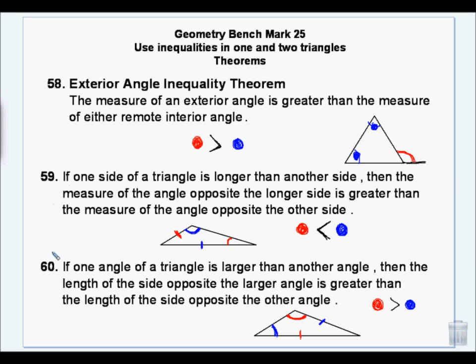So 59 and 60 are kind of the same thing, just said in opposite. Here, if I have the sides bigger, then if this side is bigger, then that angle is bigger. Here, if this angle is bigger, then this side is bigger.